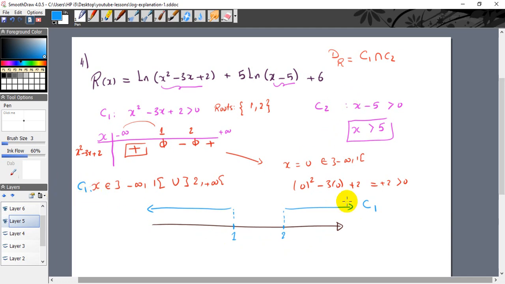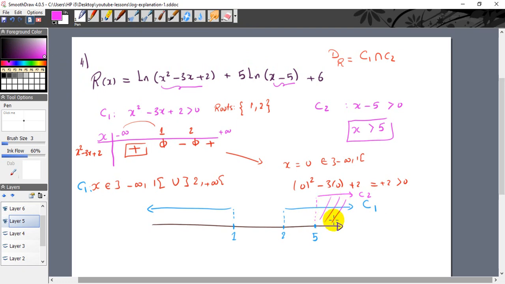Now, condition 2, x greater than 5. For example, let us locate 5 in this position. We are going to change the color in order to be able to distinguish between the two intervals. This is C2. Now, where is the intersection?